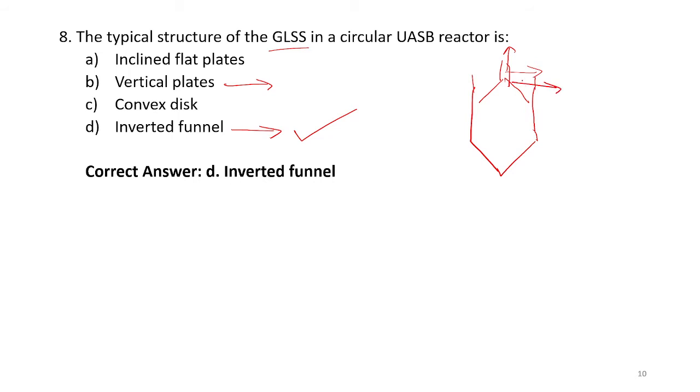After treating, the supernatant will pass as the effluent, and since it has this slanting structure, all the solids reaching the GLSS will eventually settle. They will not escape into the effluent. This is the reason it is designed in this inverted funnel shape. So this is about this question. Any doubt? No. Okay. Let us see the next question.